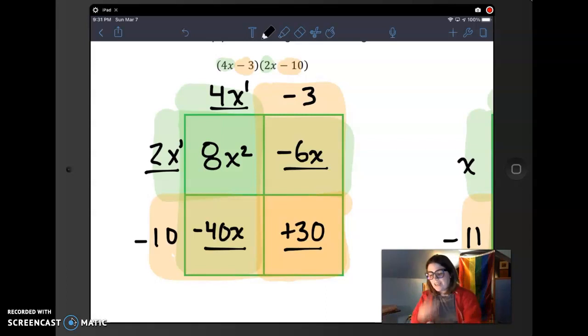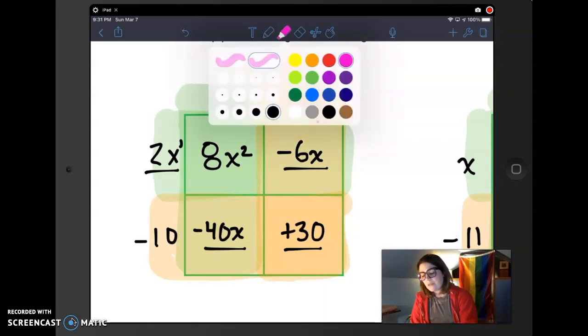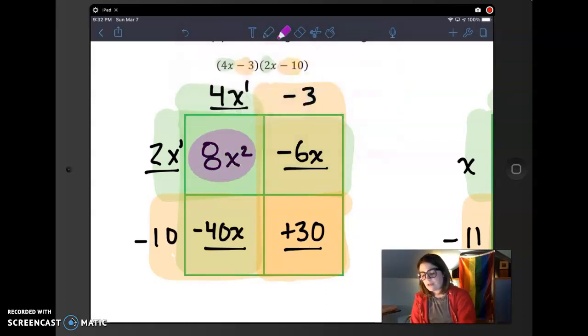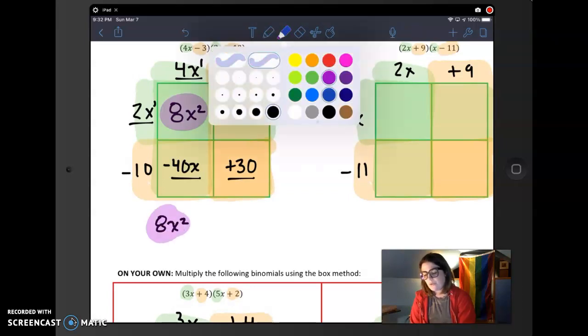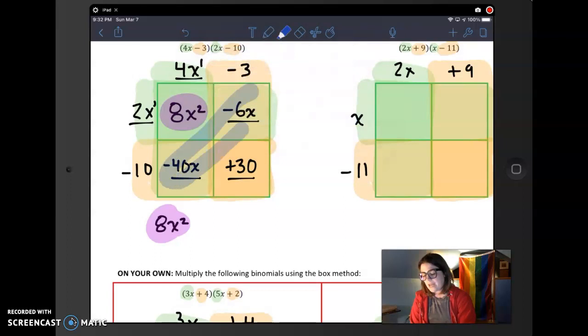All right, and then remember that we are going to rewrite this number. You don't have to add anything to it or multiply by it. It just gets rewritten right over here. Then we want to add the two groups of x's together. So negative 40 and negative 6 get added together to give you negative 46x.